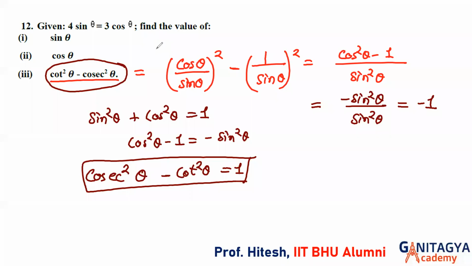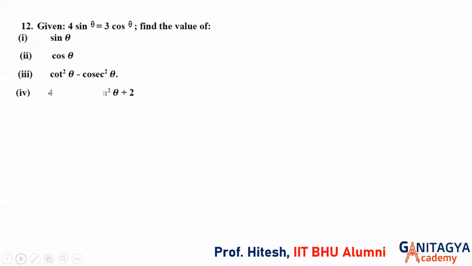Write it down, then let me know. Okay, very good. Let me clear this. Now its fourth part is also there, that is 4 cos square theta minus 3 sin square theta plus 2, which we have to find out. Cos theta we know; put it down.